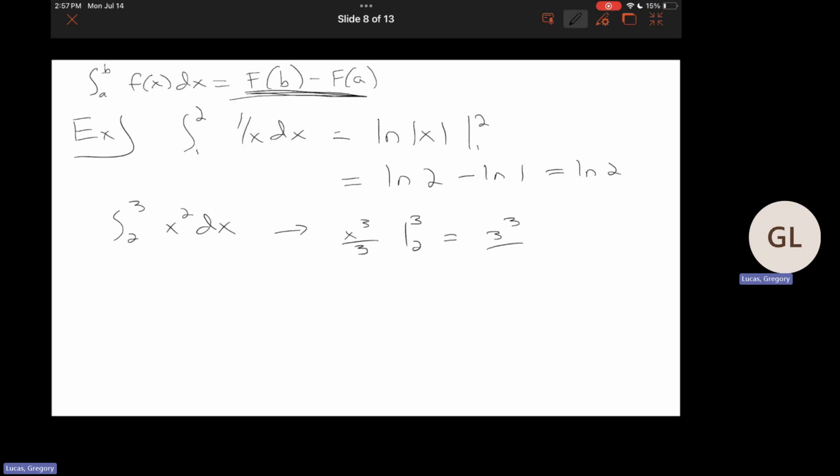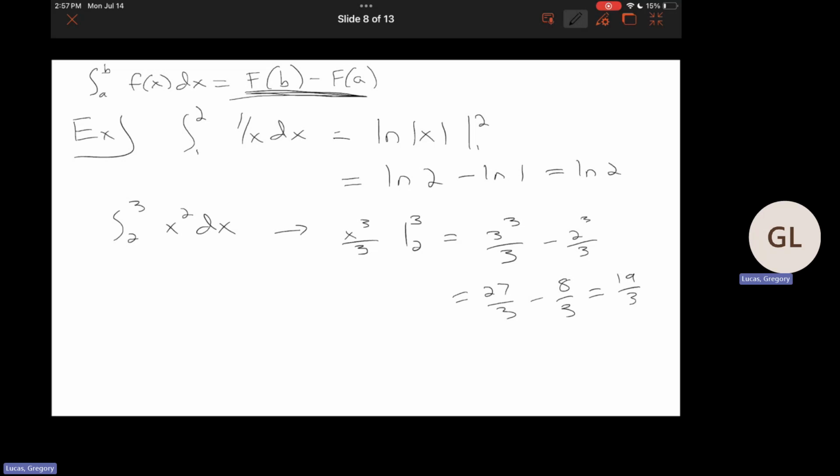I have 3 to the third divided by 3 minus 2 to the third divided by 3. If we wanted to simplify, this is 27 over 3 minus 8 over 3, which would give me 19 over 3.